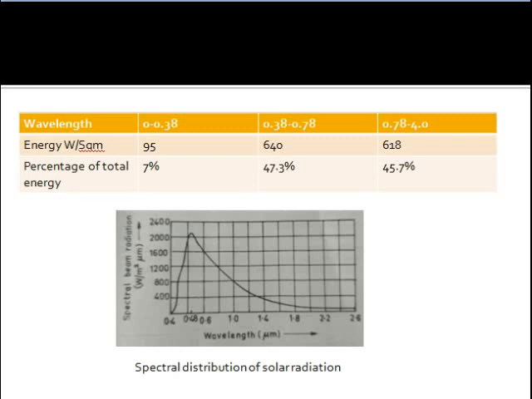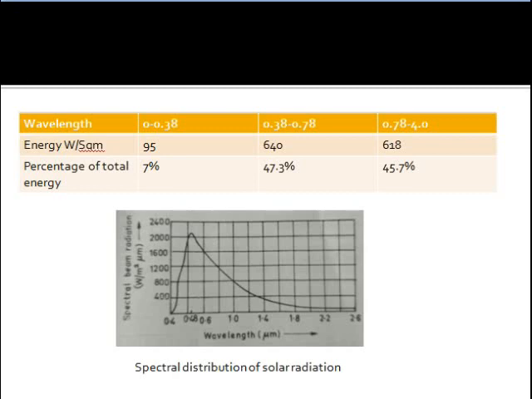That means each wavelength of the radiation coming to earth contributes some part of the energy. For example, not all bandwidths have the same energy. Some bandwidths have more energy, some have less.